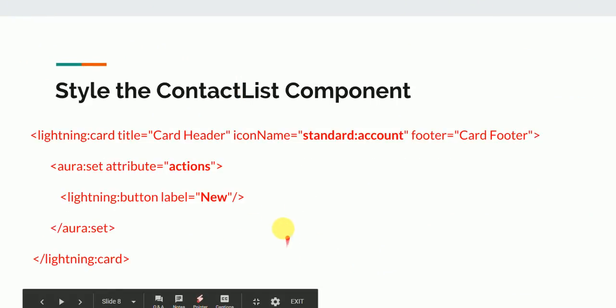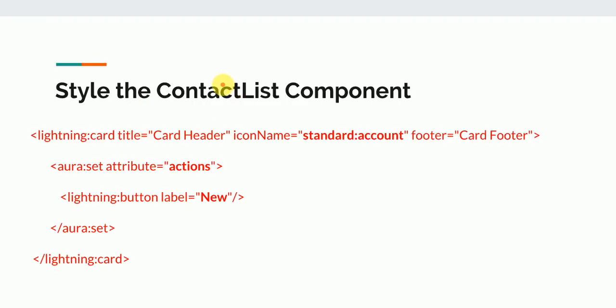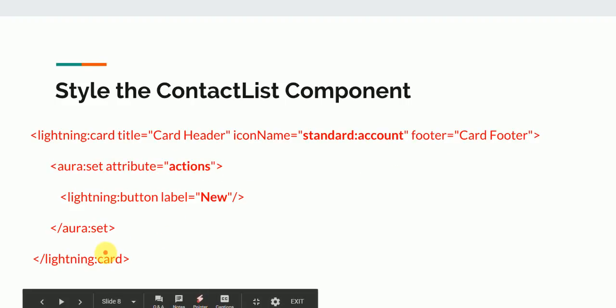So this was the styling part, that for the contact list we used lightning card. We provided the title, whatever title we wanted to show with the help of an icon. If you wanted to show the icon, this is the option. Then we can also provide the optional footer, where we used email, and then here we used the action, the body and all that.